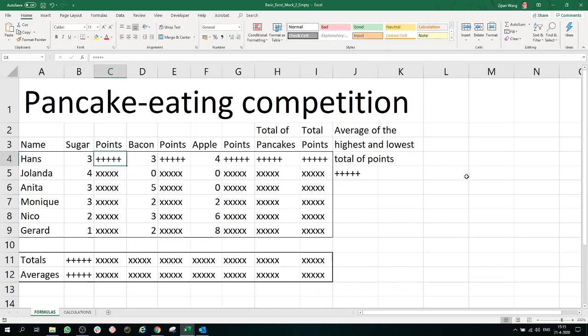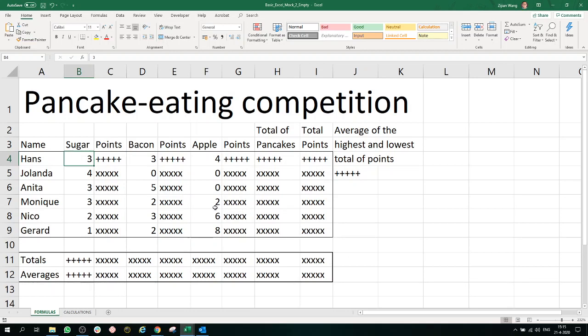So let's just read one by one. How the points of a sugar pancake is calculated. So here on the syllabus it says this equals 75% of the number eaten. So the point here should be 75% of the numbers of pancake eaten.